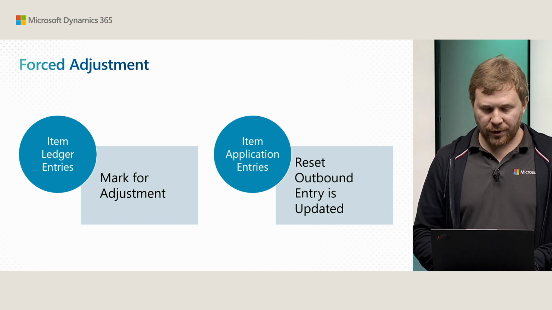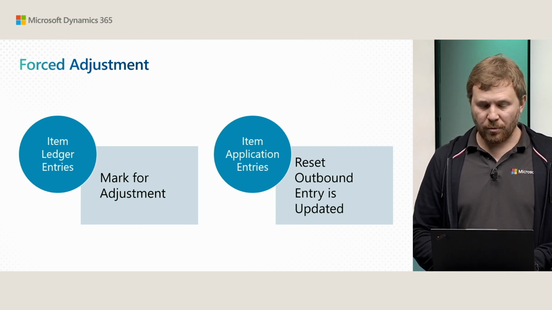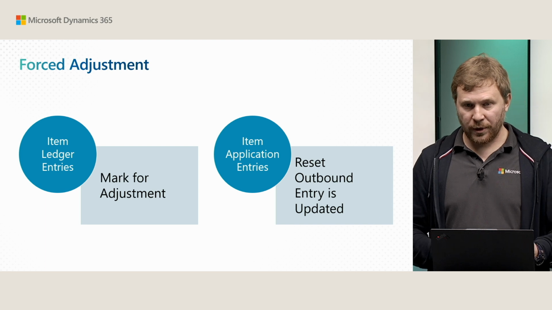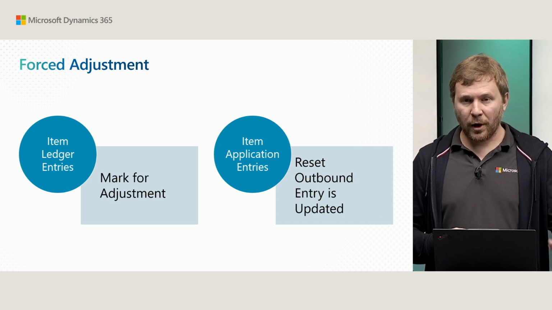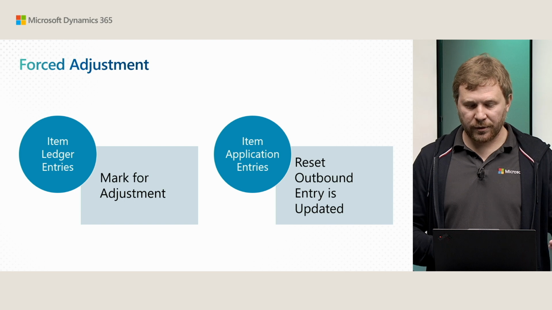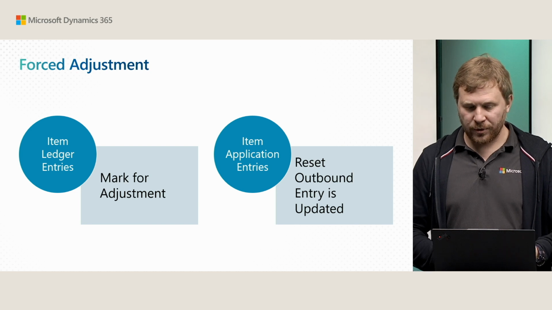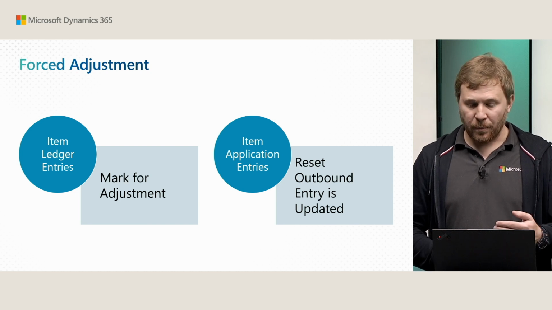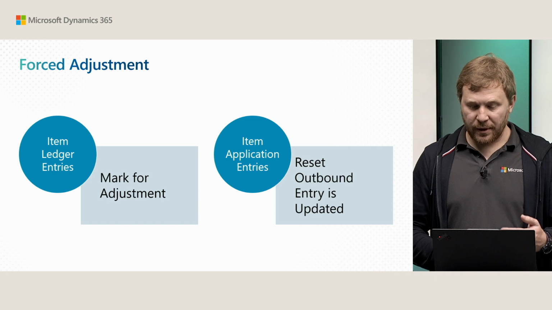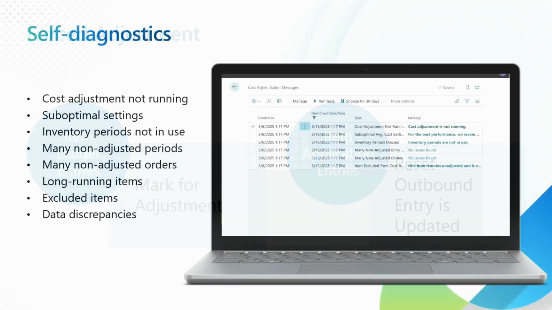On the Item Ledger Entries page, use the action Mark for Adjustment for an inbound entry, so the linked outbound entries will also be recalculated. And then on a new Item Application Entries page, you can reset outbound entries with a namesake action to reprocess outbound entries, to ensure that they will be reconsidered in the next adjustment.